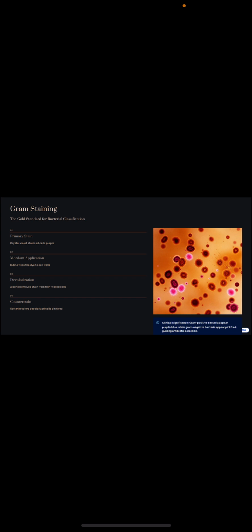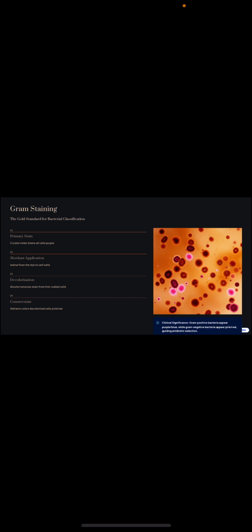Also, gram positive bacteria have a thick peptidoglycan layer that retains the crystal violet iodine complex, appearing purple, and gram negative bacteria have a thin peptidoglycan layer and an outer membrane that do not retain the violet dye, and instead take up the counter stain safranin, appearing red. So guys, you need to keep in mind that purple is gram positive bacteria, which retain the crystal violet iodine complex and appear purple in color.